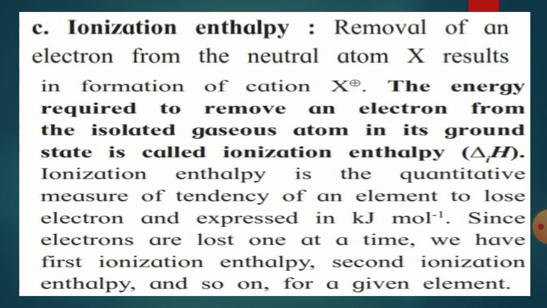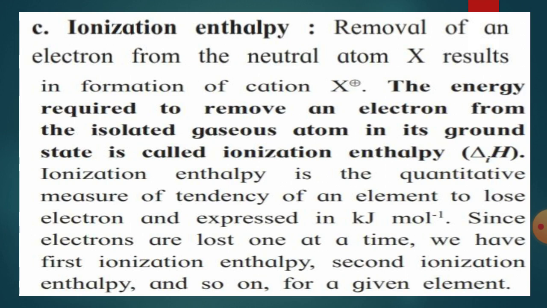What is ionization enthalpy? Removal of an electron. Remove means to take out an electron from the neutral atom. Whatever neutral atom is there, when we remove an electron from that atom, it will result in the formation of cations.